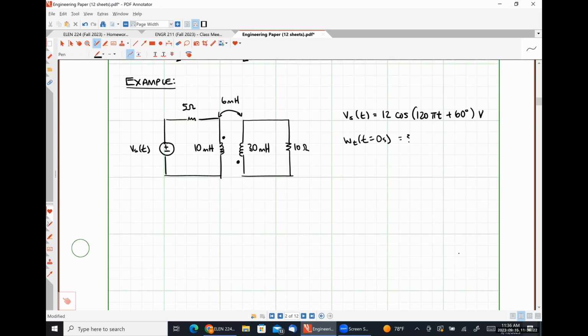So in the frequency domain, and I'm going to circuit, the T equivalent circuit for the frequency domain here, we're going to have 12 angle 60 degrees volts.